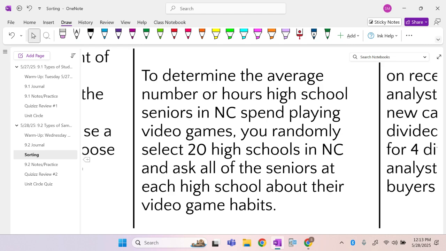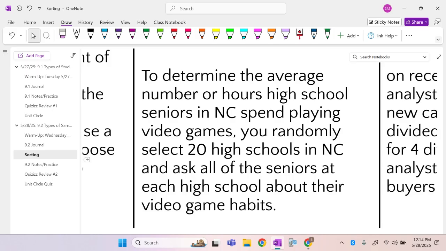Now, I can see where y'all got mixed up was they asked all the seniors in each high school about their video game habits. The fact that they mentioned seniors, I think that's where y'all were thinking stratified because it's demographic. However, if you think about it, with the clusters, since they're only picking 20 high schools in North Carolina, they may have just said, okay, we're only going to talk to seniors because that's the only ones that we care about.